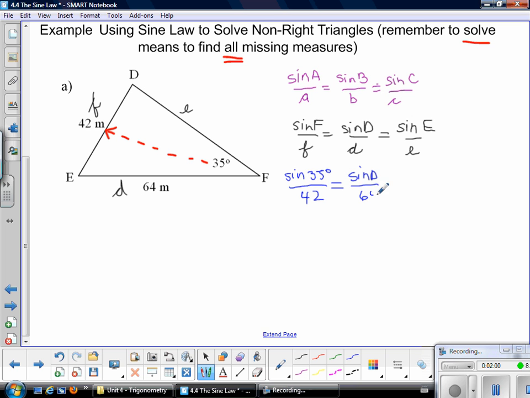And if I look at sine E, I don't know anything about its angle or its side, so I'm not going to use it right now. So now we have a ratio that we can solve.